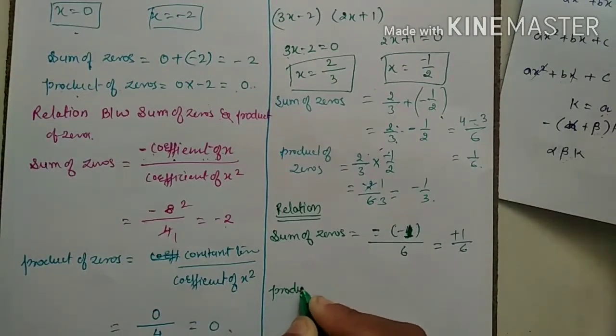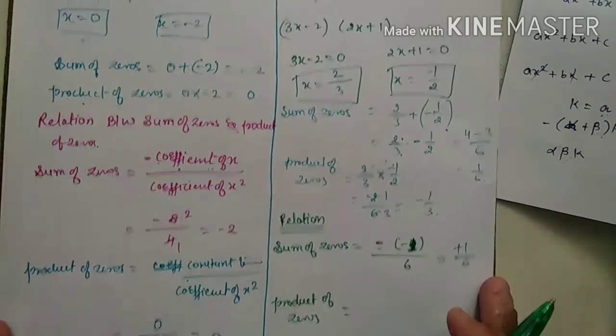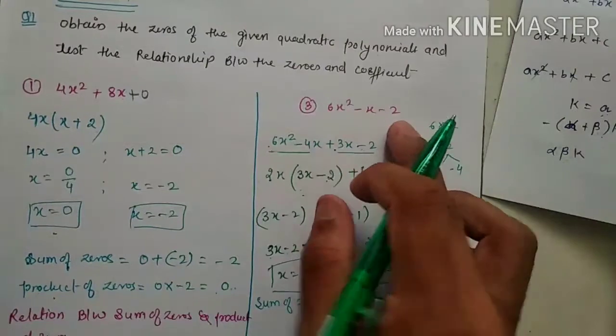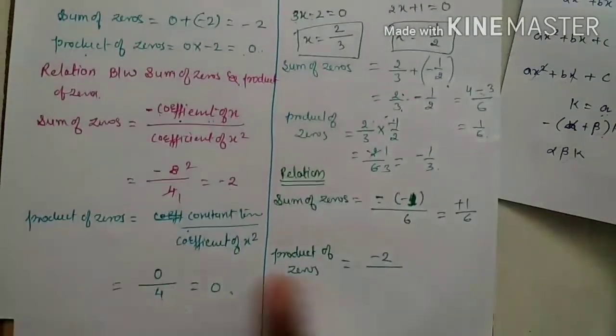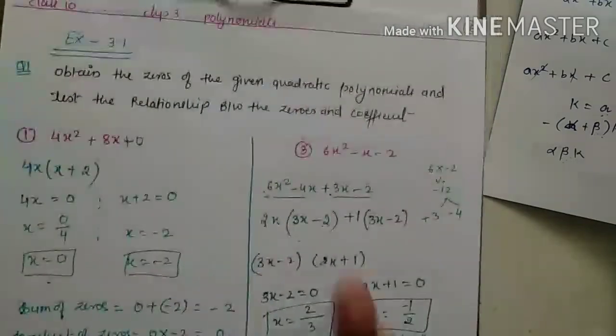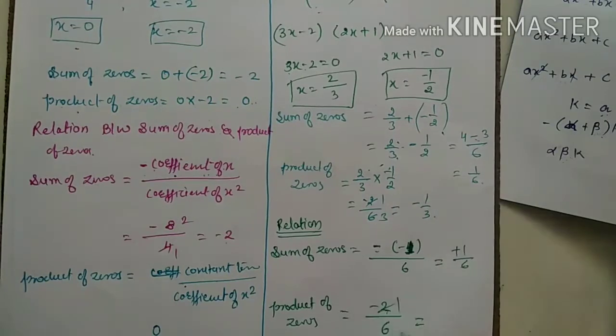Now come to the next. Product of zeros. Just see product. Again, what is the constant term in this question? That is minus 2. I have a constant term. And come to the next. Coefficient of x square, it means what I have? 6. So divide by 6. Just do it. 2 ones are 2, 3s are 1 by 3, minus 1 by 3.